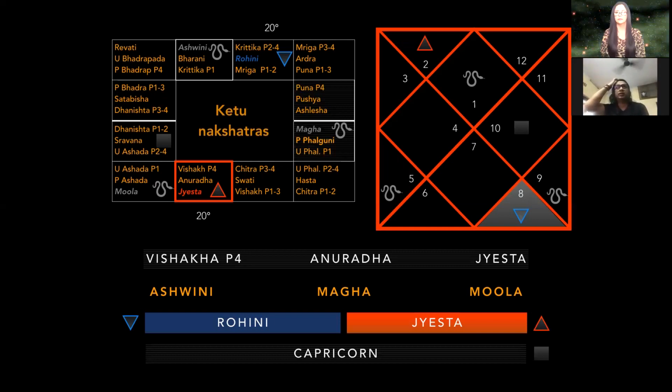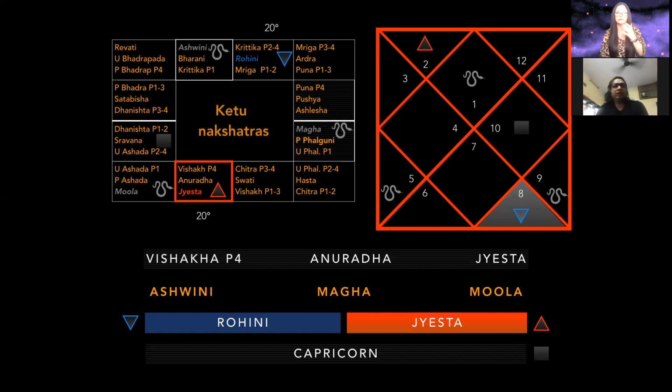So Ashwini, Magha, and Mula are definitely other nakshatras you should be analyzing when you're studying Ketu. The more interesting thing about Ketu is its exaltation, debilitation, and Mooltrikona point. Now, there are various astrological schools of thought with regard to exaltation, Mooltrikona, and debilitation of Ketu and Rahu.